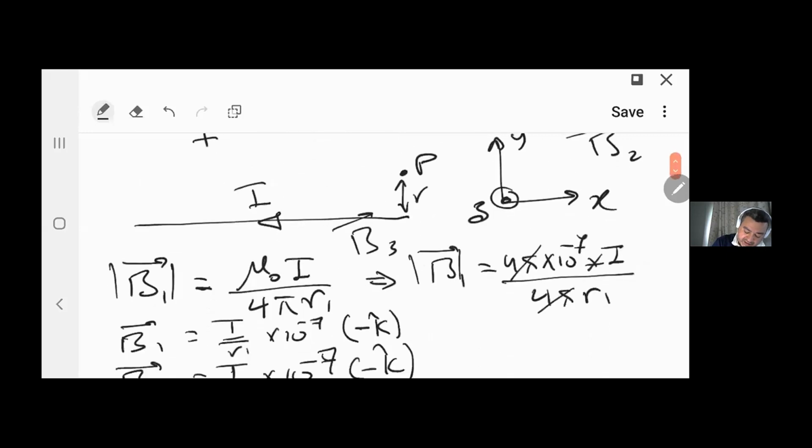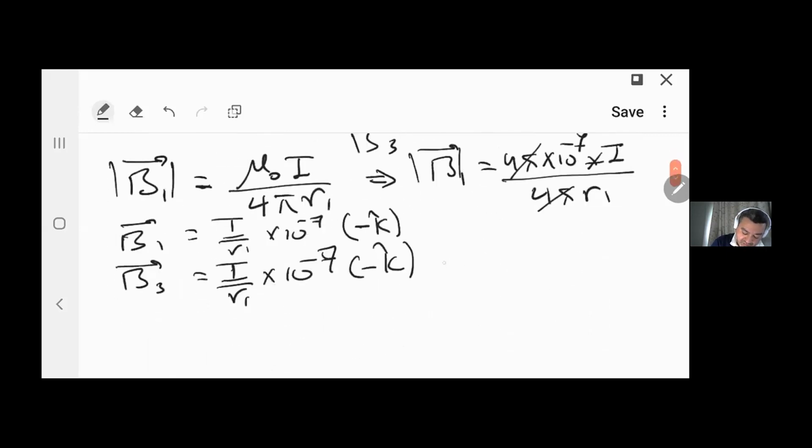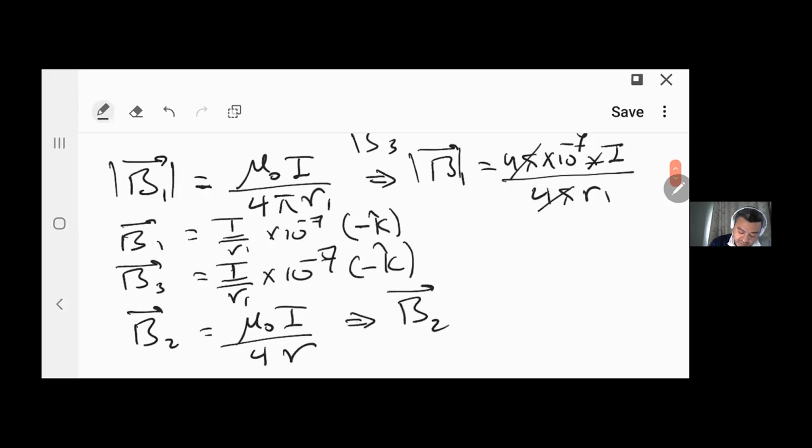And in this case, B2 would be mu naught I over 4R, B2 also minus K hat, 4 pi 10 to the power minus 7 I divided by 4R minus K hat.